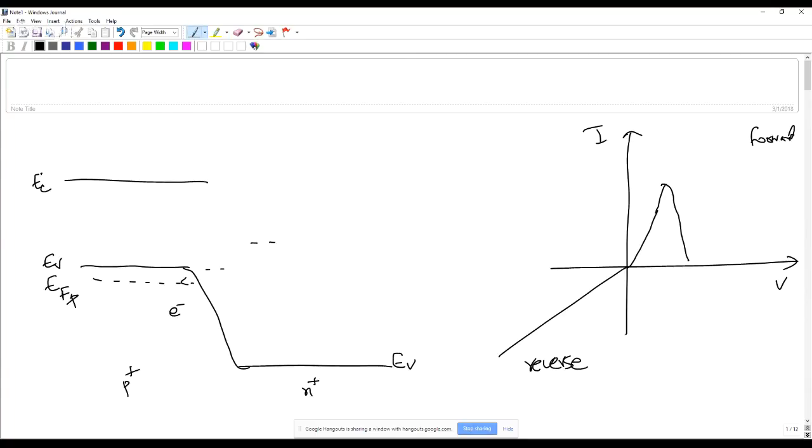Okay. So now I have increased my EFN. That is my EC. Let me just draw EV proportionally.